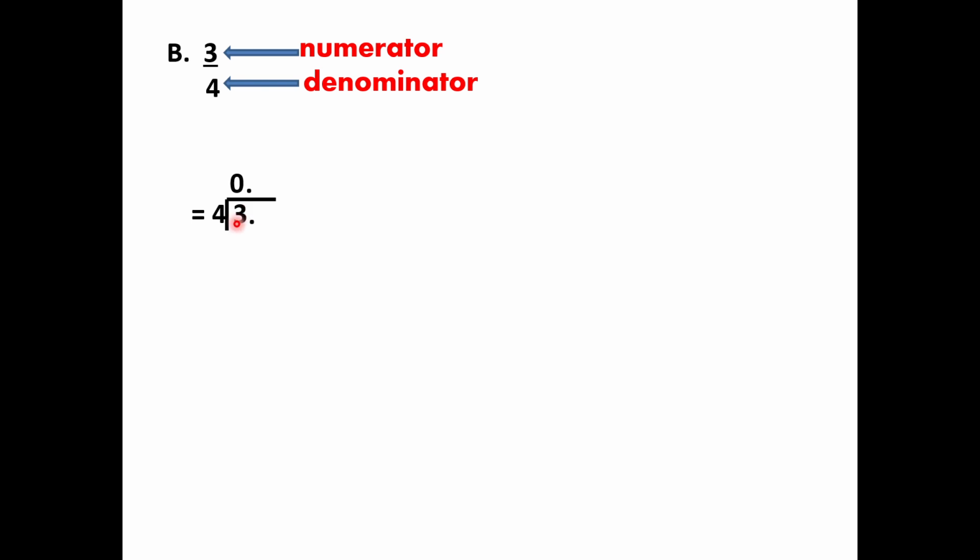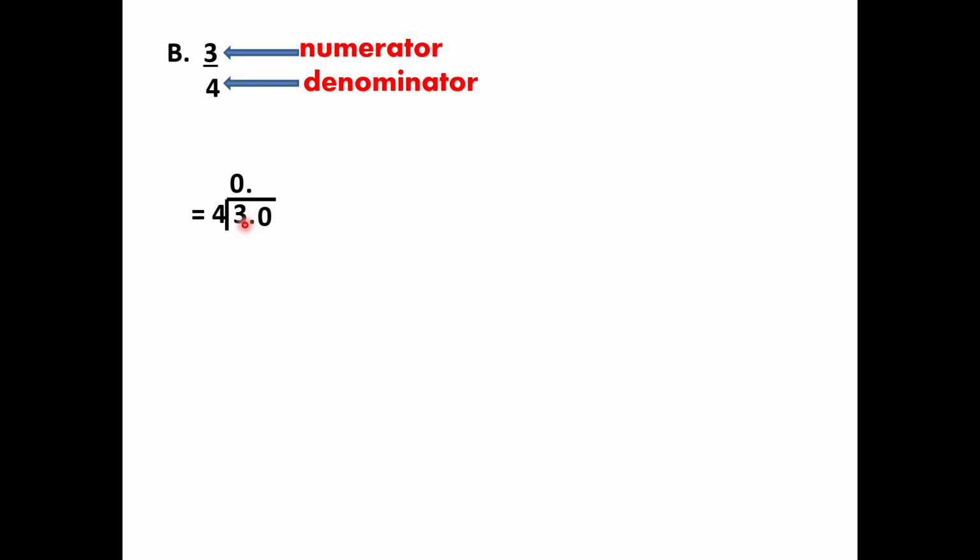Kasi ang purpose natin dito ay gagawin nating mas mataas ang dividend dito sa divisor. So mag-a-add tayo ng 0. So ang dividend natin ngayon ay magiging 30. So mas mataas na ang 30 dito sa 4. So ngayon ay pwede na natin silang i-divide.